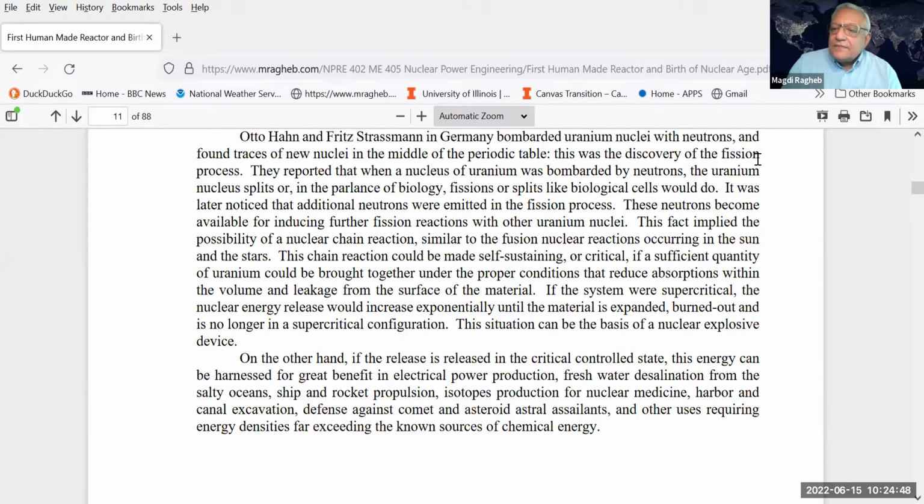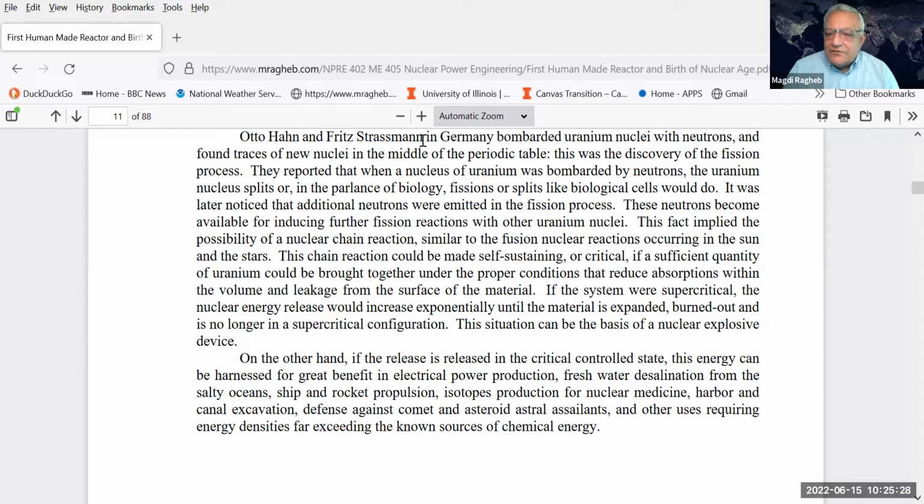She had migrated to the UK, and she explained to Otto Hahn and Fritz Strassmann, with whom she worked earlier, that it could be the process of fission. And she used a very simple model of the fissioning of uranium-235 into two particles that have now a positive charge. She calculated the Coulomb repulsion energy between the two and came up that that process of fissioning of the nuclei can produce a tremendously large amount of energy in the million electron volts of energy.